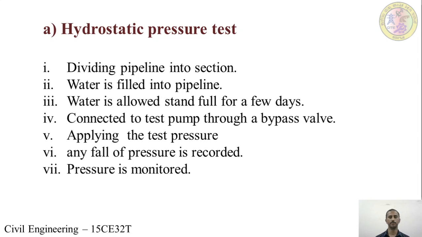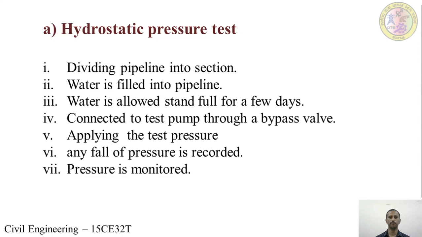The hydrostatic pressure test can be carried out to the entire pipeline or a section of the pipeline depending upon the length of the pipeline. First, the pipeline is divided into sections. The lower sluice gate valve is closed and the water is allowed to enter from the upper sluice valve.